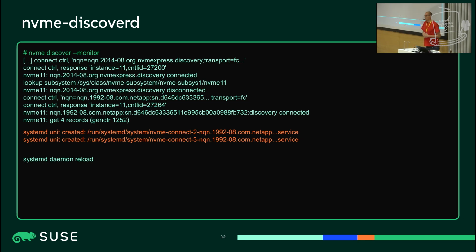Leonard gave me the tip that you can do it differently so you don't have to reload the systemd daemon. I have to figure out how that works in detail. But the main thing is that we now have two unit files which describe the connection.